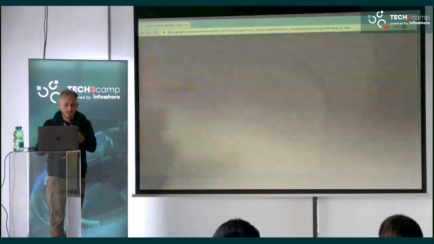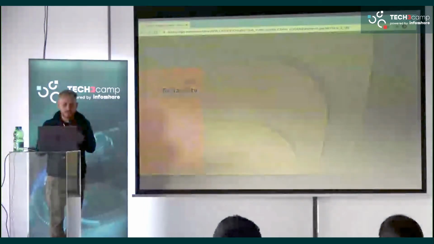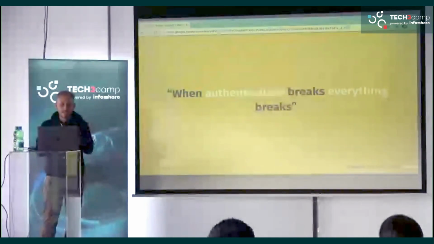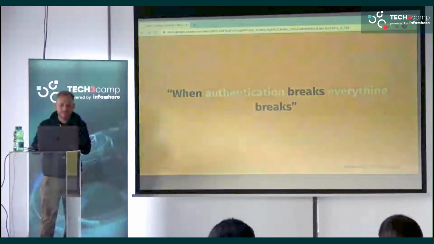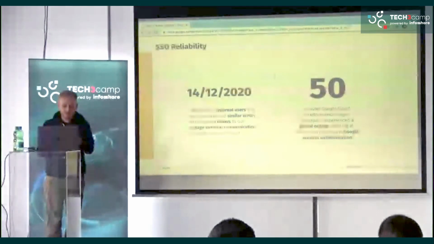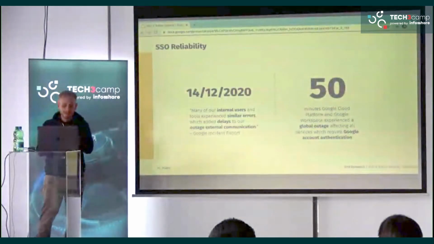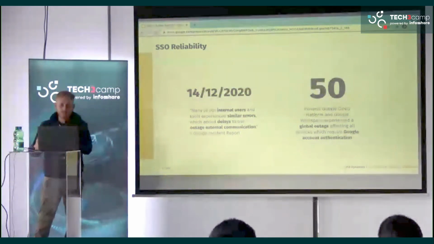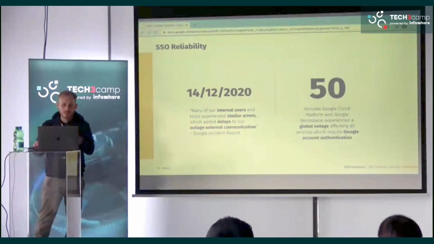Let's speak a little about reliability. When the application breaks, everything breaks. What happens? Maybe you noticed it, but in the middle of December 2020, for 15 minutes, Google Cloud Platform was not able to provide authentication, and it was a global outage.